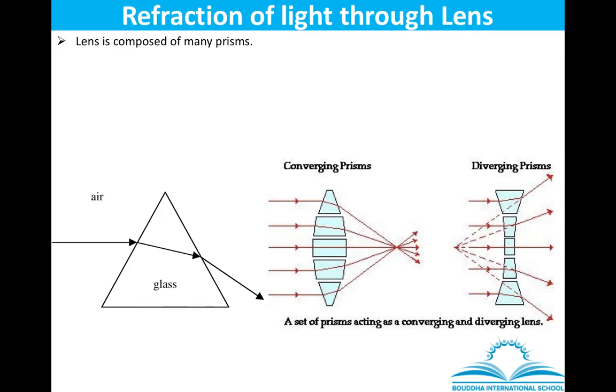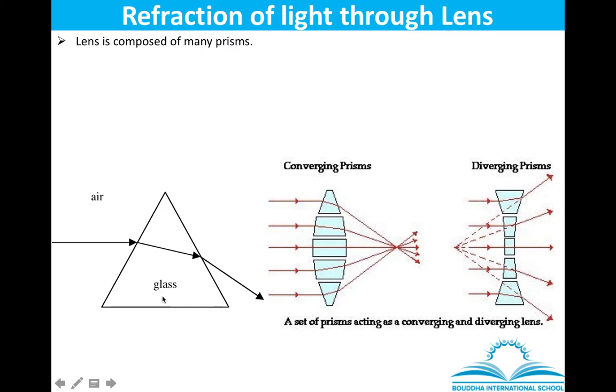Now a lens is considered to be made up of multiple prisms, which you can see in this picture in both convex lens and concave lens. So the general understanding is that when a ray of light passes through a prism, inside the glass and outside the glass, in both conditions the ray of light bends towards the base.